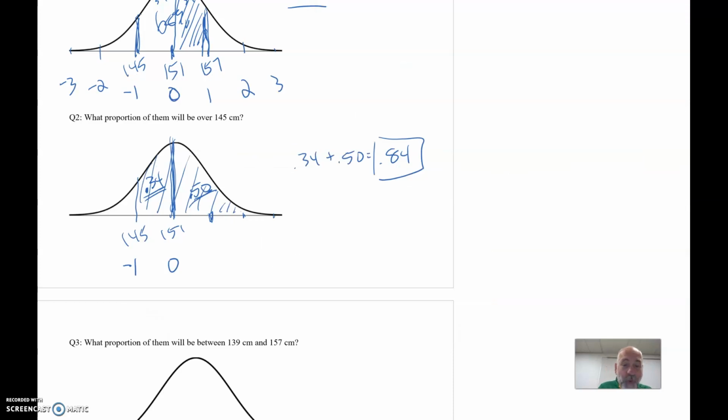So when you're using the calculator on normal models, having a z-score of 10 is about equal to having a z-score of infinity. It really doesn't make much of a difference. And 10 is like the equivalent of infinity on a normal model, because it goes down so fast. And once you're 3 standard deviations above the mean, you have nothing after that.